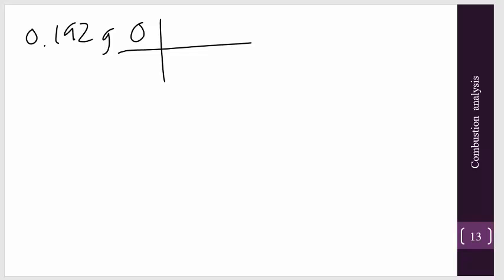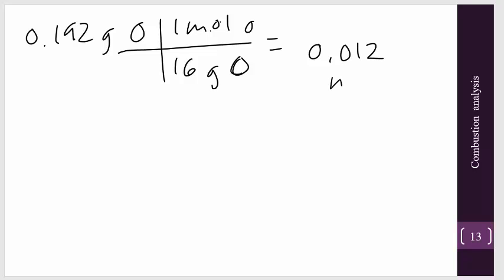And that works out to be, with the rounding, grams of oxygen. So now we need to convert this into moles. Oxygen is 16 grams per 1 mole. And we have 0.012 moles of oxygen.